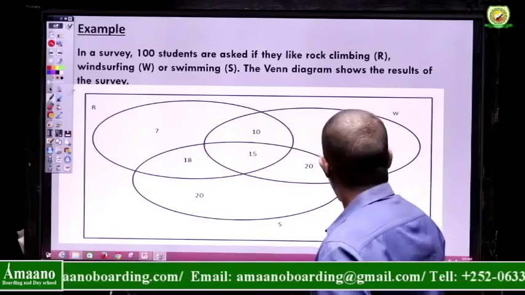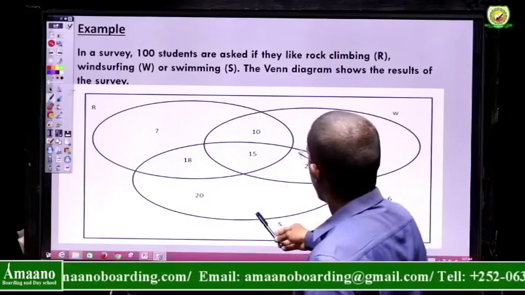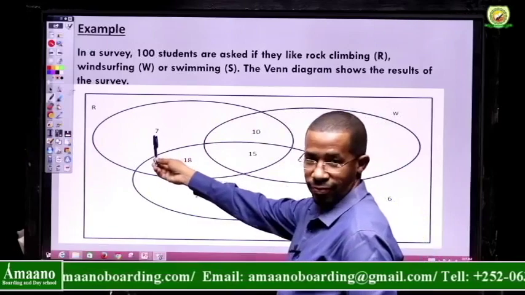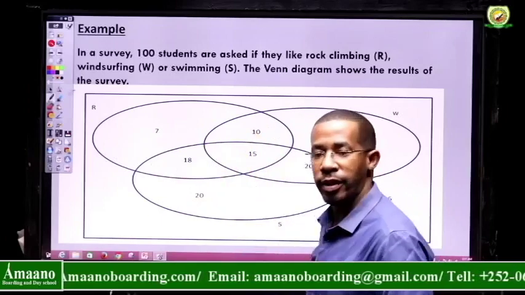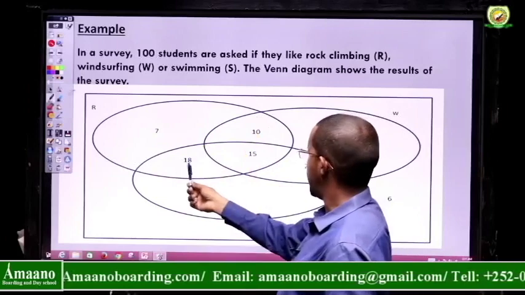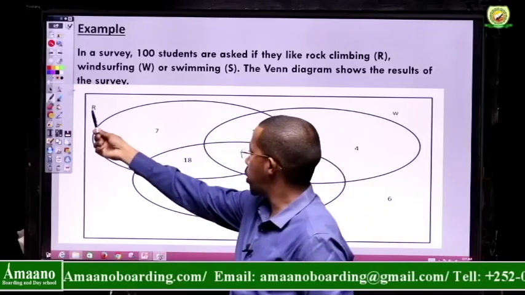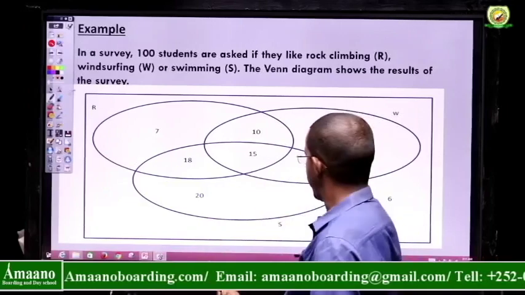If this ring is for R, it means that these 7 like rock climbing only, they don't do anything else. These 18 like rock climbing and swimming only.